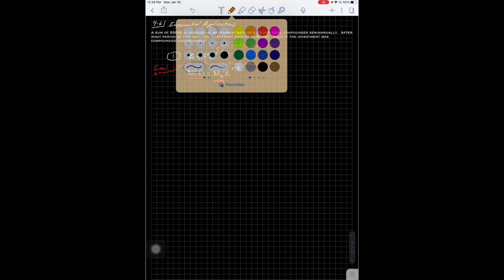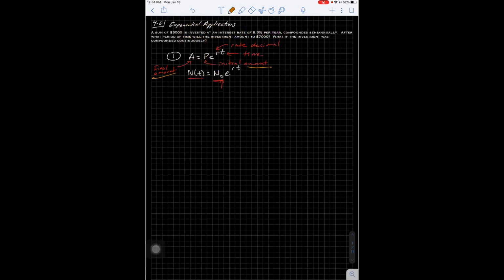So labels for amounts, things we're measuring, money, grams of something, pounds of something, the number of animals that we're looking at. We'll look at a lot of different examples. Whatever we're measuring are the labels on the amount. Time is going to be labeled in seconds, minutes, hours, years, something like that. And then this rate is going to be a decimal or a percentage.